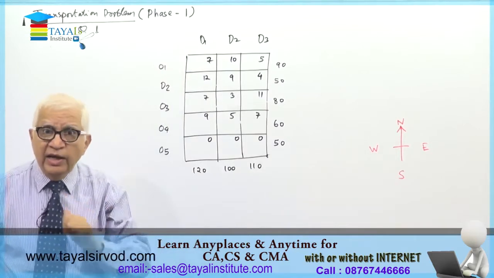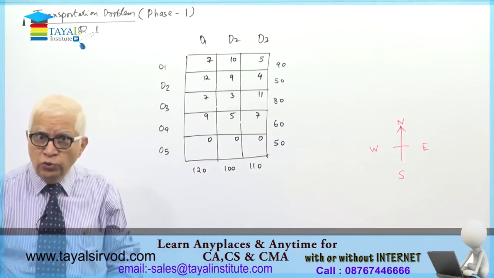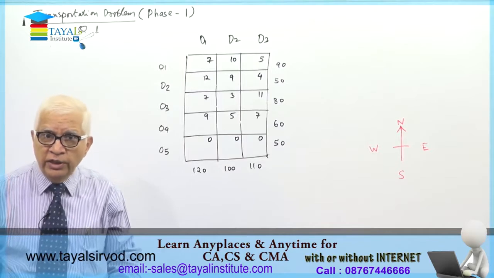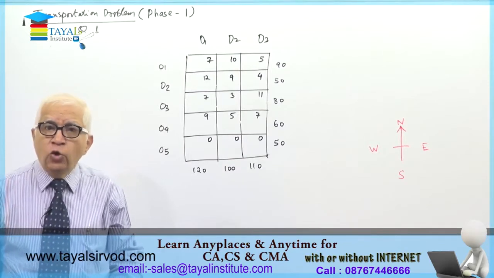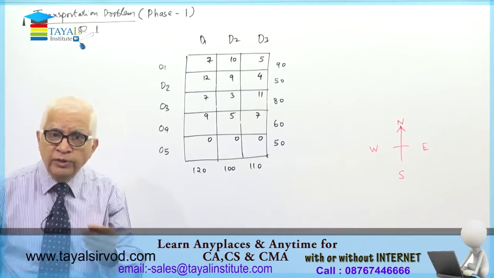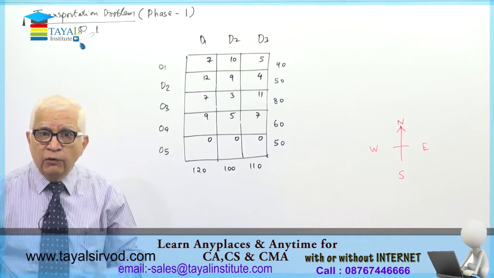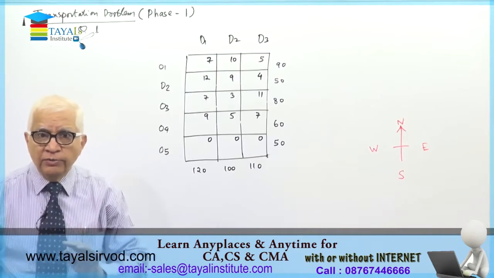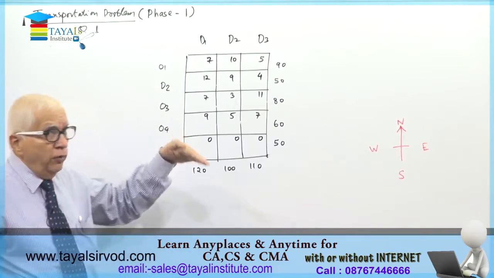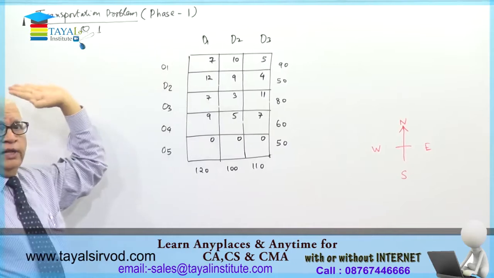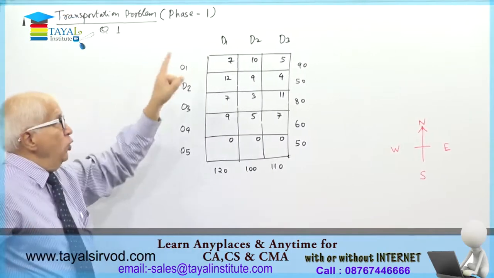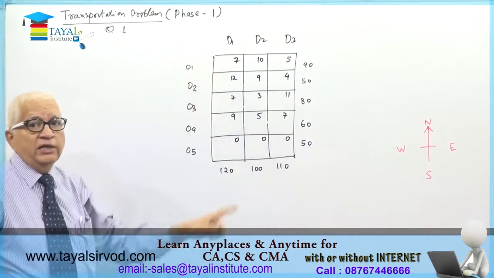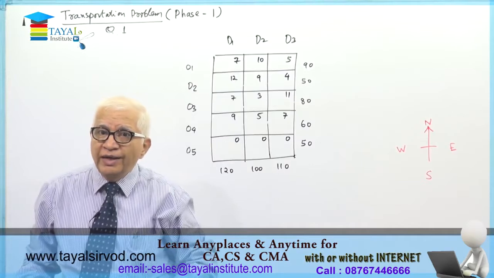In fact, if you name the rows as O1, O2, O3 and destinations as D1, D2, D3, do you find that the O1, D1 cell will always be the northwest corner of any matrix? Whatever be the number of rows and number of columns, cell O1, D1 will always lie at the top and it will always lie to the left, and therefore cell O1, D1, which is this cell, is the northwest corner of this matrix.